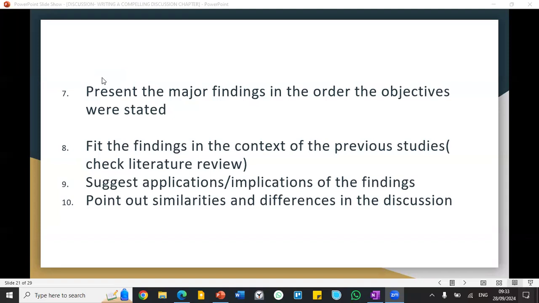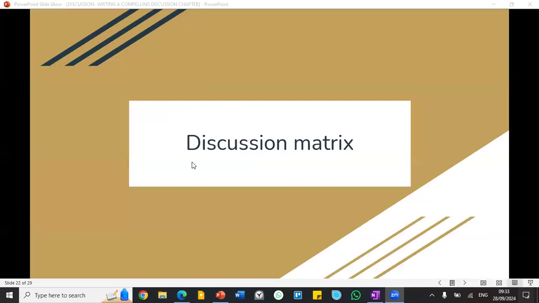That is, are they similar or are they different? In case of any difference, we are also going to see in a discussion matrix how you can bring in that concept. Don't forget to show us the implication of the findings in your discussion, and that will happen in every paragraph in which you present a finding. Let's look at how you can approach that.